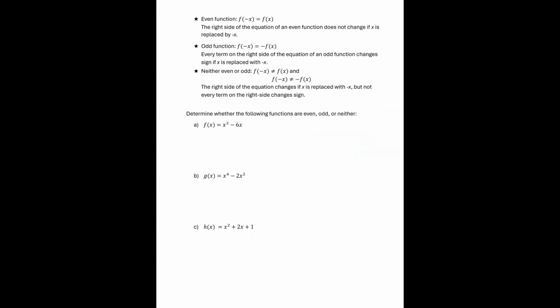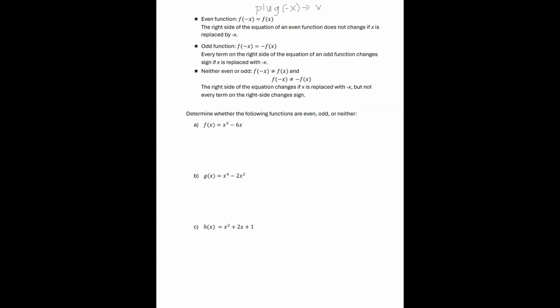We don't always fold papers as mathematicians. This is how you prove algebraically whether something is odd or even. If it's an even function, you always plug negative x in for x.